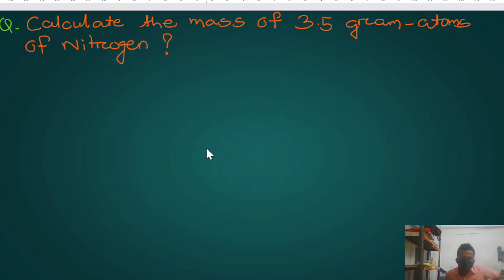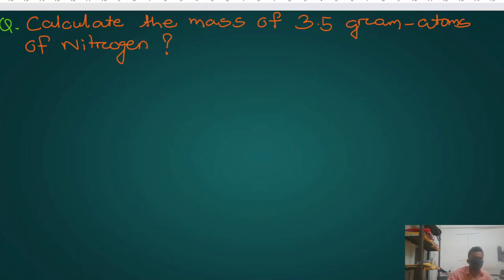Let's go to another question. Calculate the mass of 3.5 gram atoms of nitrogen. Some amount of nitrogen is given to us, whose number of gram atoms is 3.5, and it is asking how much nitrogen that is.